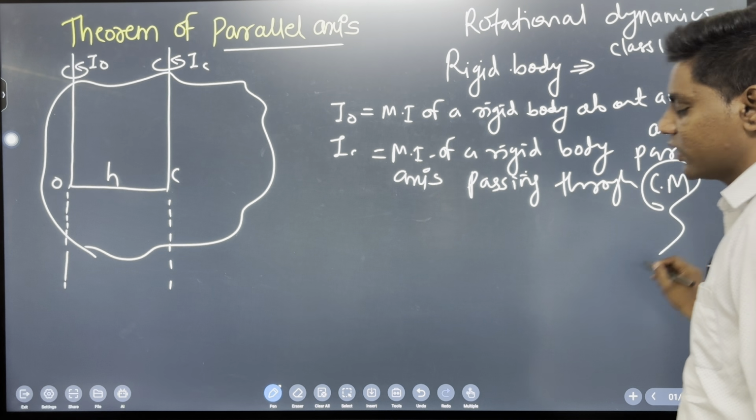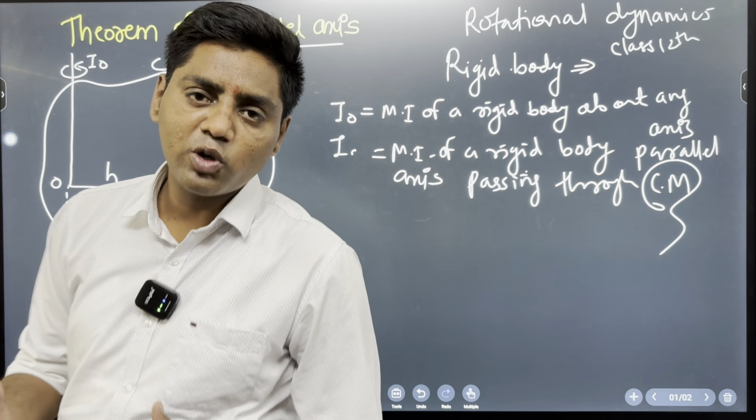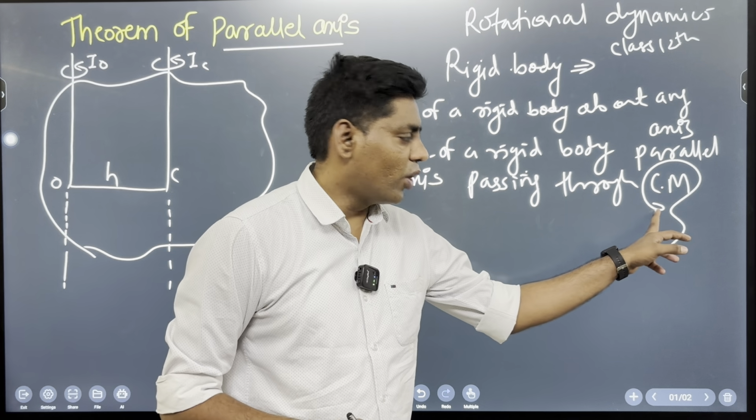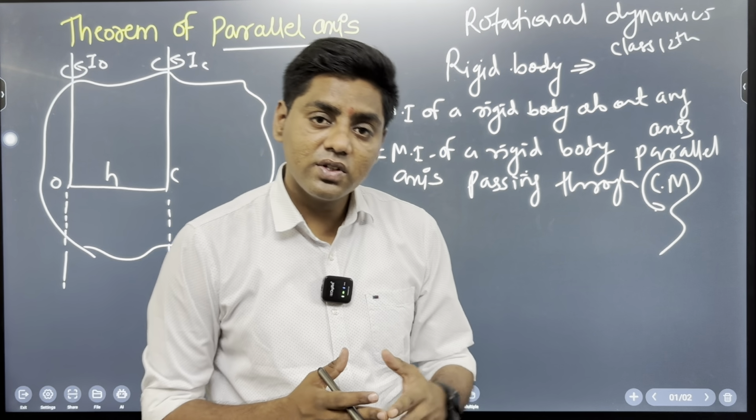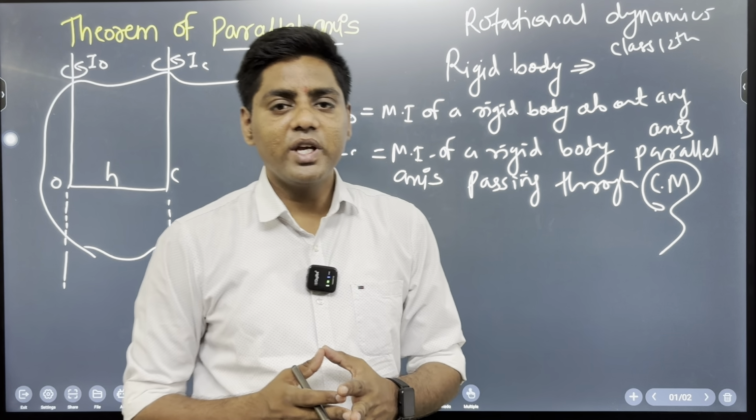So what is meant by center of mass? A very important concept. Center of mass means the point at which the whole mass of the body is supposed to be concentrated.